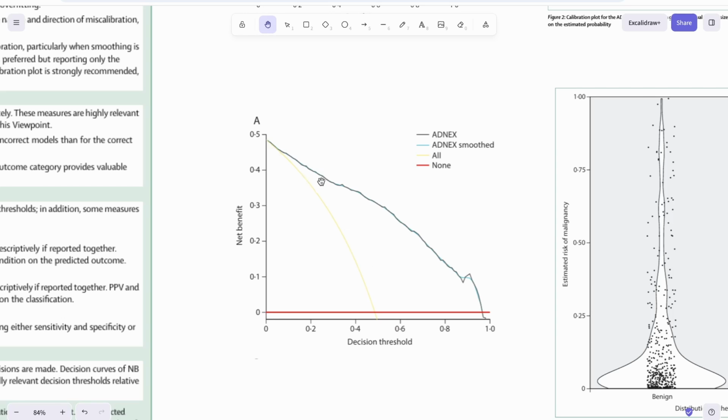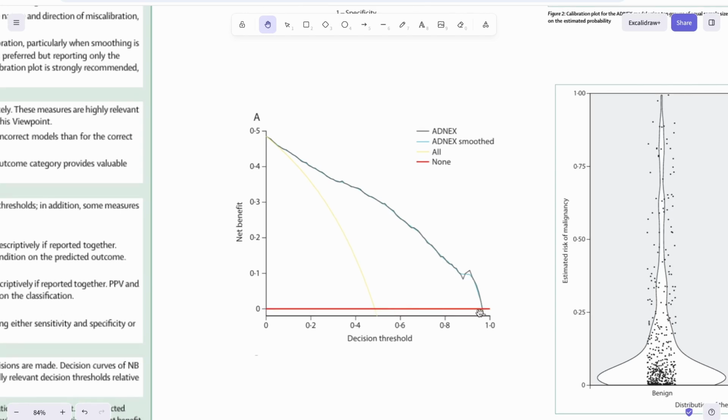But for the AdNex model and AdNex model smooth, you see that if you use the model to make the clinical decisions, like treat this patient or not treat this patient based on the discrimination of that model, then at a decision threshold of, let's say, 0.4, you have more benefit. The net benefit is higher than if you treat all patients, as we can see here. And then that drops with higher decision thresholds, and the net benefit drops.